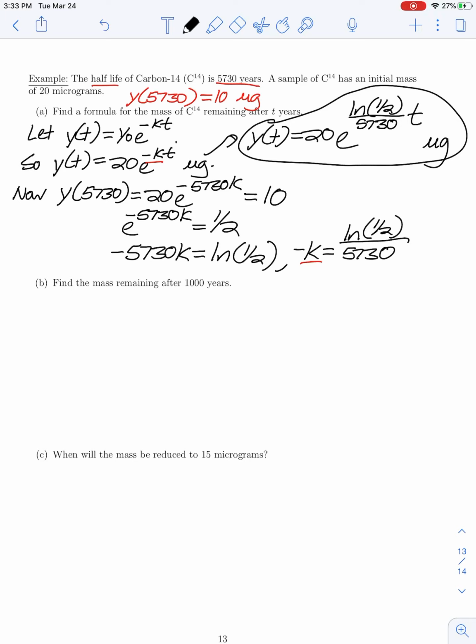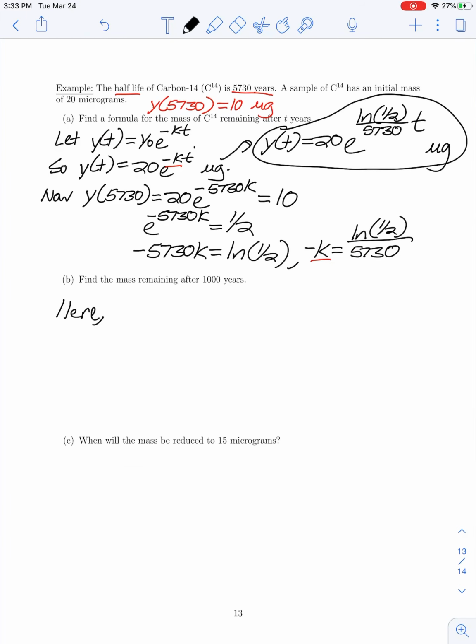Now, in part B of this example, we can ask for the mass remaining after a certain period of time has passed, in this case, after 1,000 years. So to find our mass, we let t equal 1,000, and we have 20 times e to the natural log of 1/2 over 5730 times 1,000 micrograms.